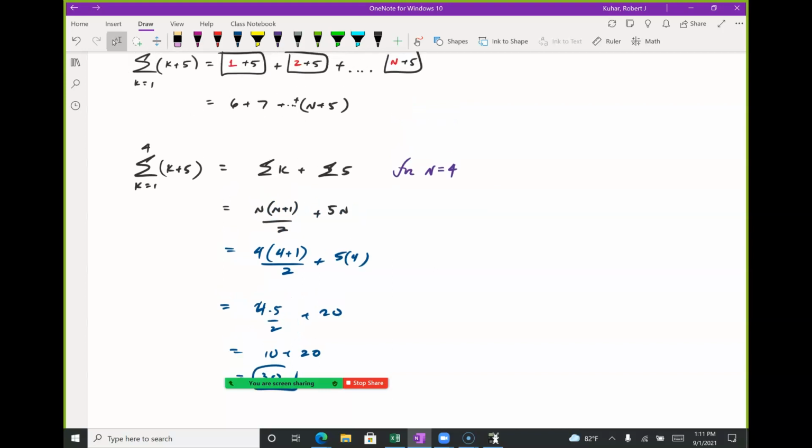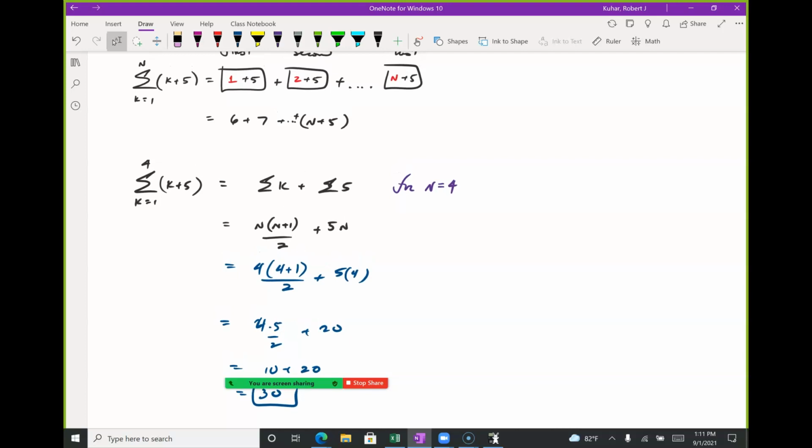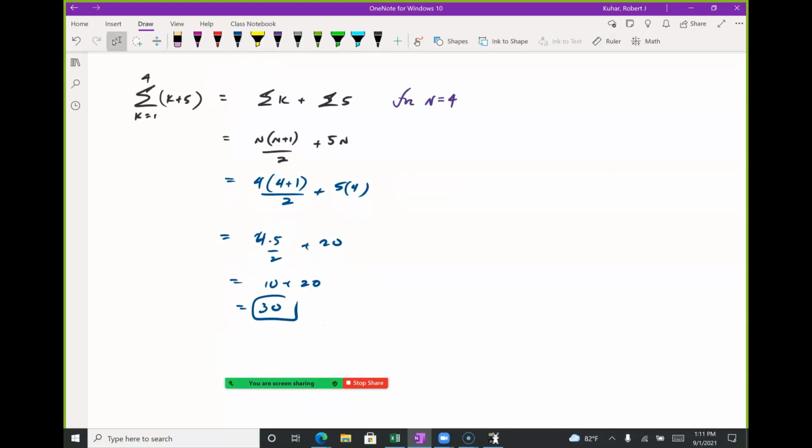Now let's go back to what we had done before. What did we say before? We got the first term, it was 6, and we got the next term, it was 7. Can you tell me what the third term is? 8, right? So if I want 4 of the terms, I need to add up 6 plus 7 plus 8 plus 9, right?